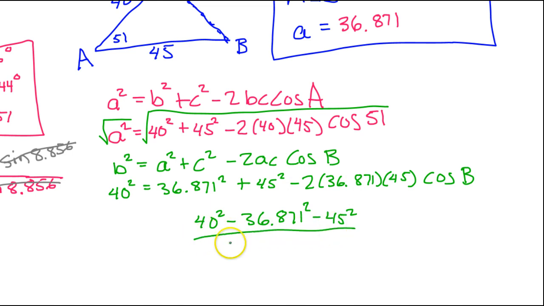So that's why this is going to be all over negative 2 times 36.871 times 45.